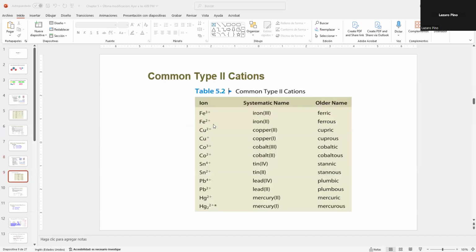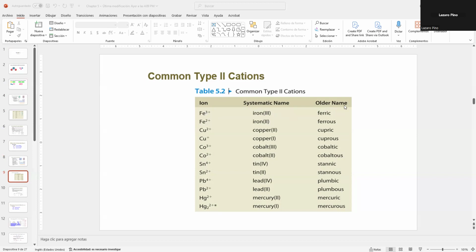Here we have some examples. You can print this table and use it in the exercises and also in the test. For example, iron can be +3 or +2. In the case of iron 3 plus, we write the charge 3 in parentheses using Roman numerals, while iron 2 corresponds to iron 2 plus.